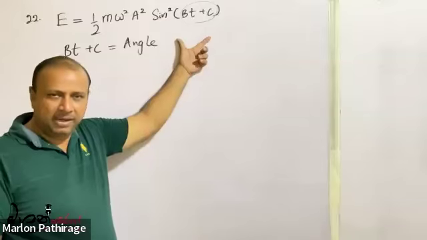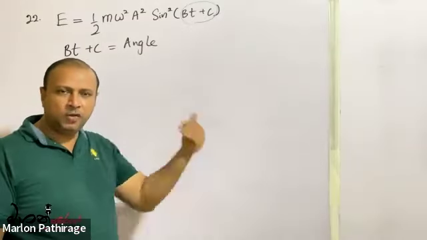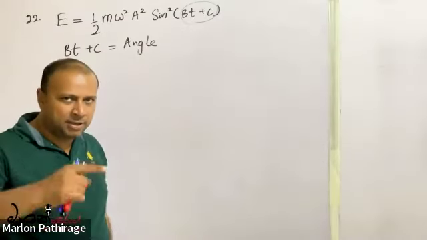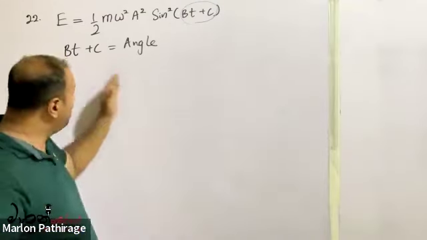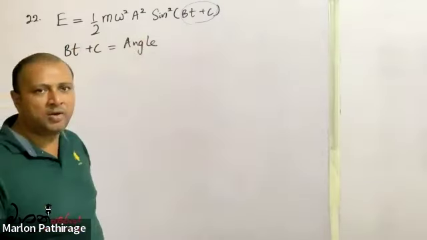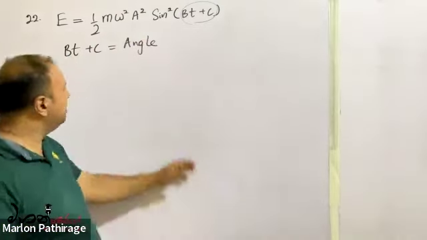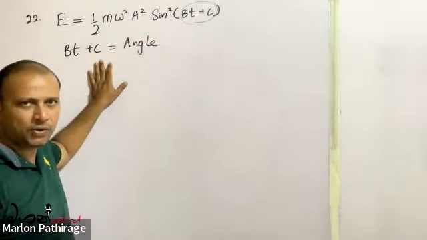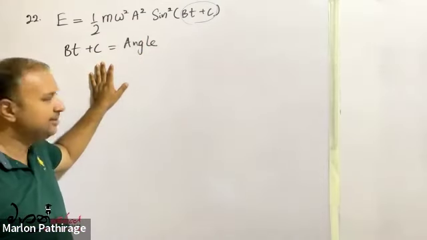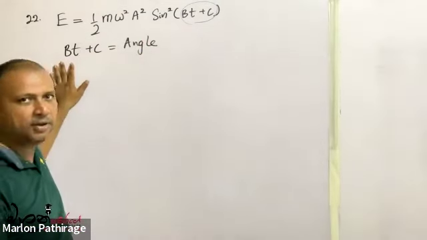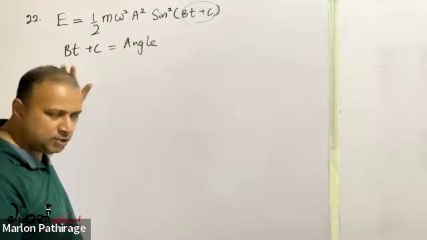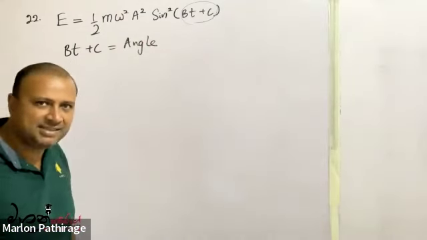Then you have to use the second argument. What is the second argument? All the terms in an equation should have the same dimension. Based on that argument, C should also be an angle, and the Bt product should also be an angle. Is that clear?